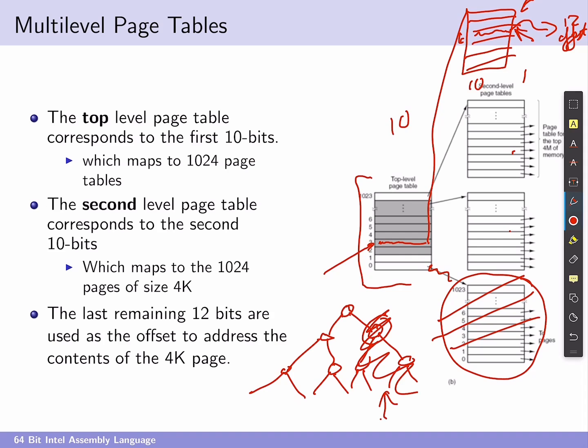Now, in the case of this example, your tree is not simply binary. In this case, you would have a branching factor of 1,024, but the principle stays the same. By not needing a higher level node, you can save considerably with space that you don't need to store. So that's the big advantage of using multi-level paging.